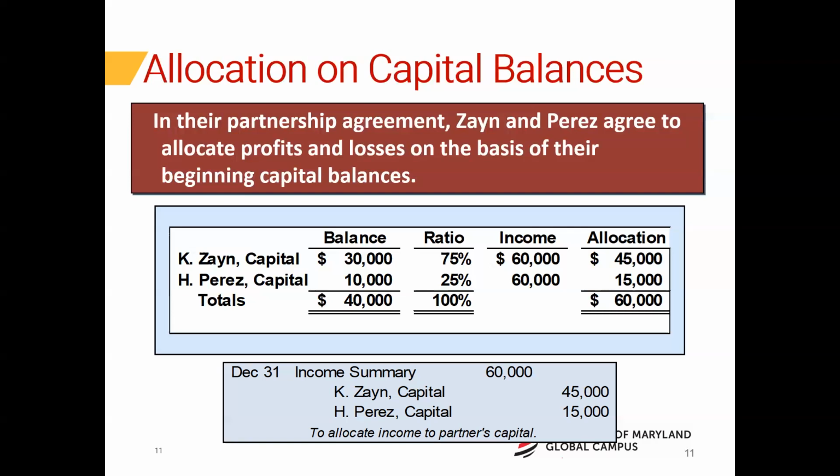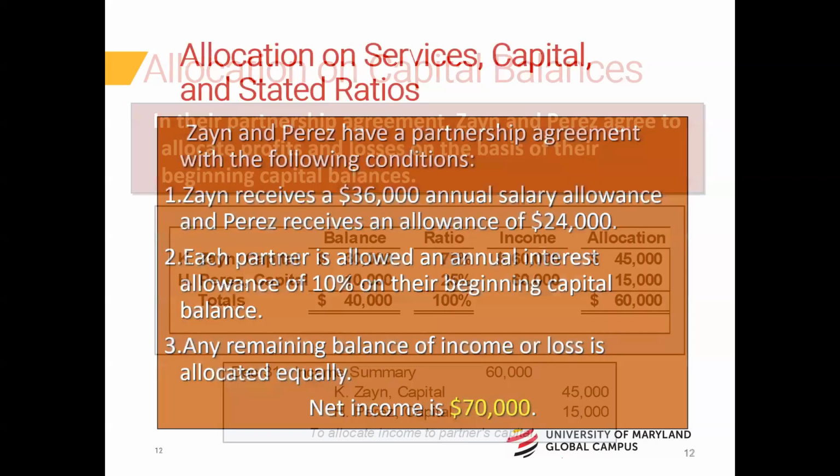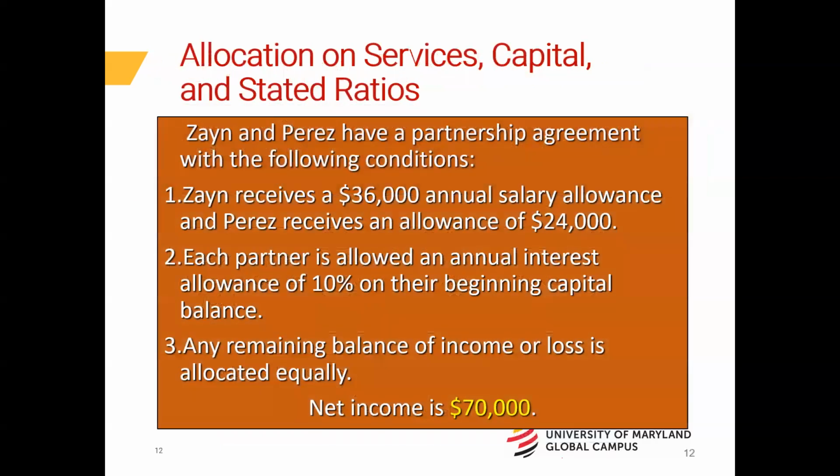And the general journal entry that you would make as part of the closing entries would be a debit to income summary and a credit to each respective partner's capital account. And so what that does is it effectively closes out your income statement. That's why it's part of that closing cycle.